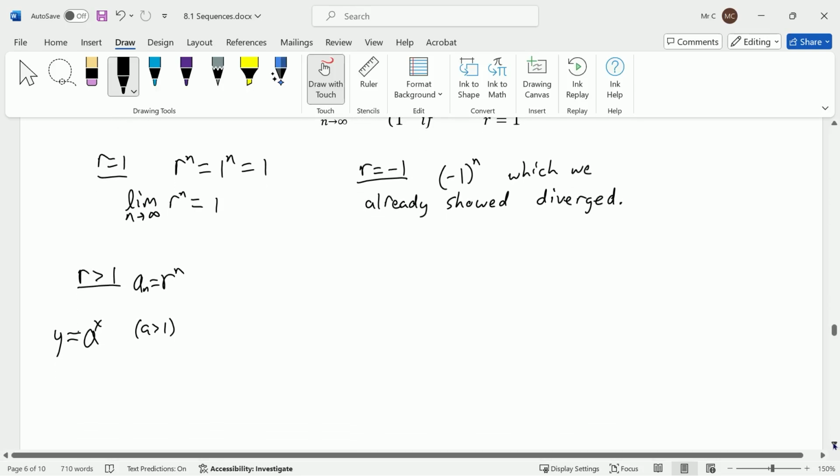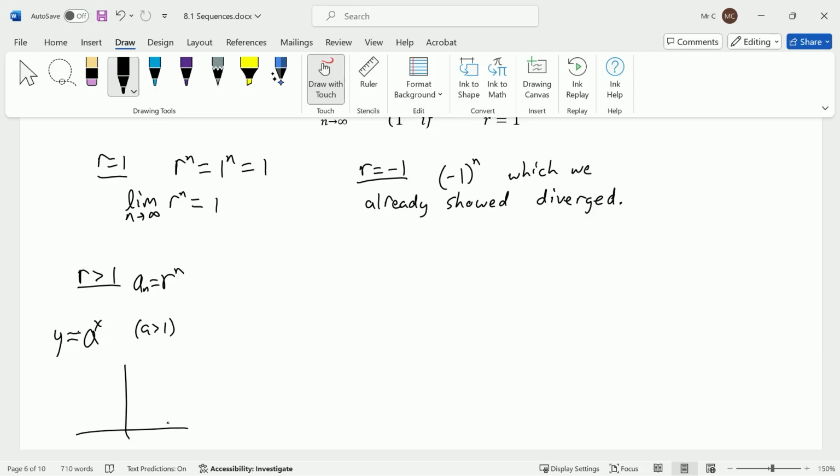And if I think about that exponential function, I know that when x is 0, I get 1. When x is 1, I get a, which is bigger than 1. And I know that this graph is shaped like this. So I know that when r is greater than 1, r to the n is going to approach infinity just like a to the x does.